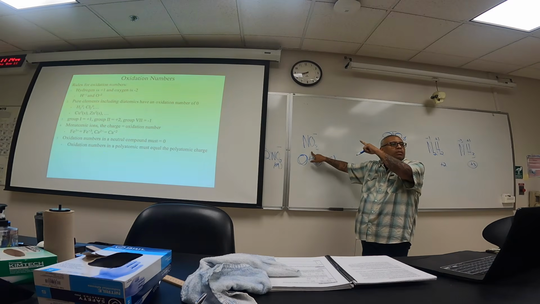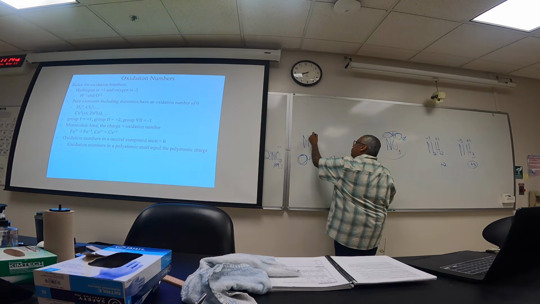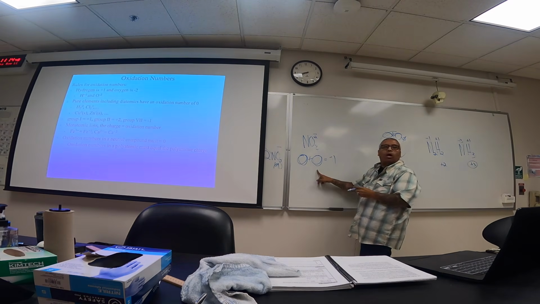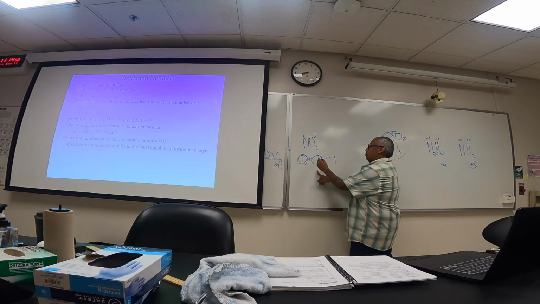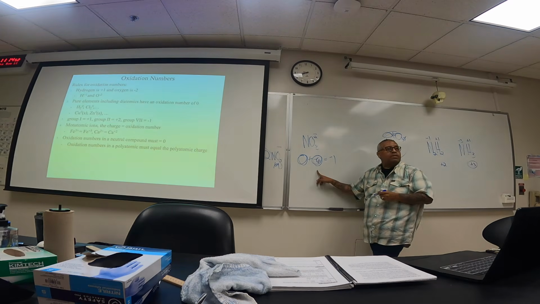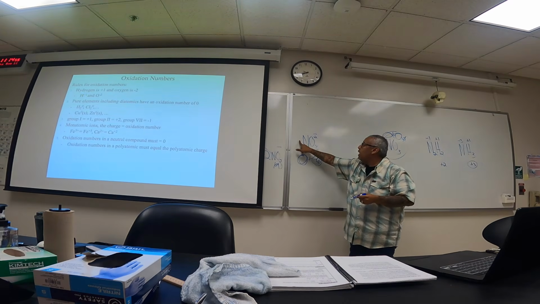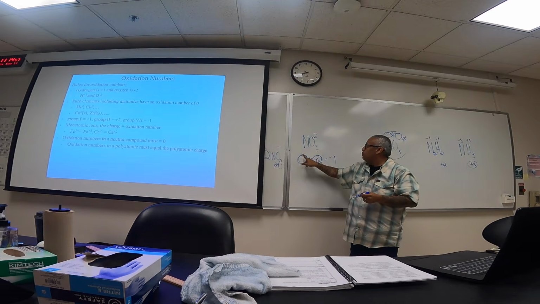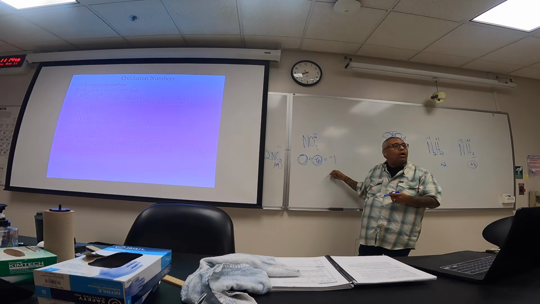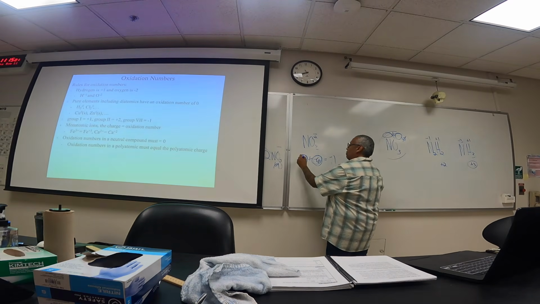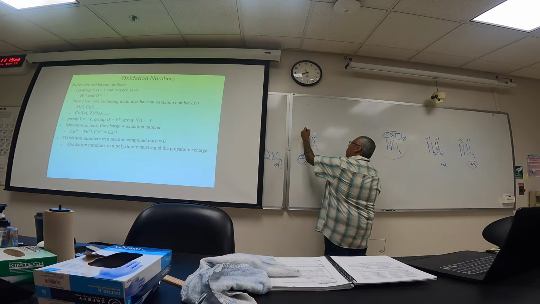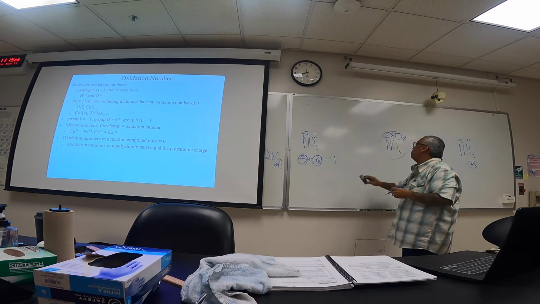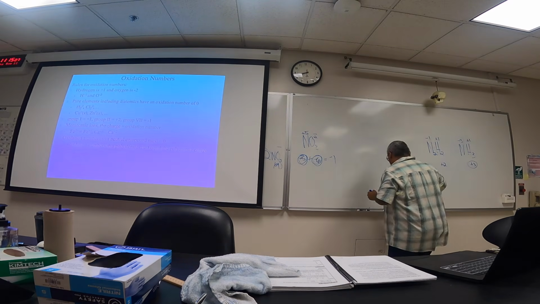It's rule number 1, so this is -2. So what's the total oxidation number? -6. There's only one nitrogen. What does the oxidation number have to be here so that it's -1? +5. Let's do one more.